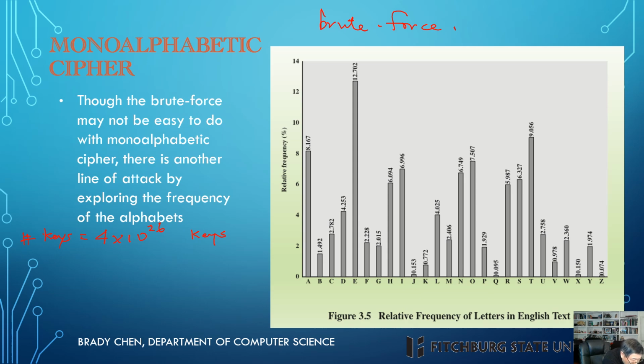Now if I use the brute force attack with a computer, suppose I have a very powerful computer. The computer can try 1 billion keys per second. 1 billion is 10 to the 9.